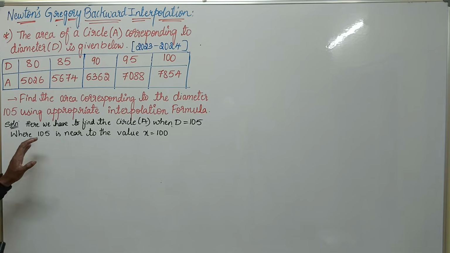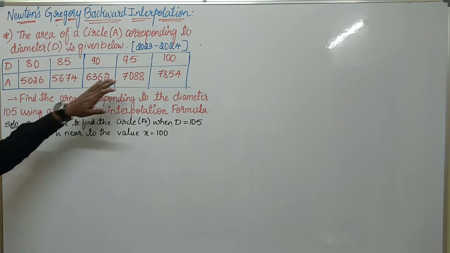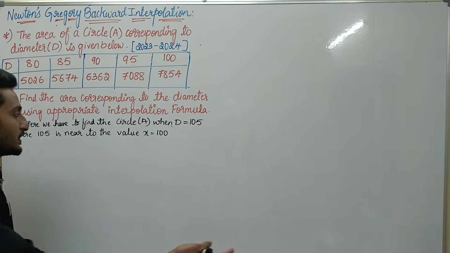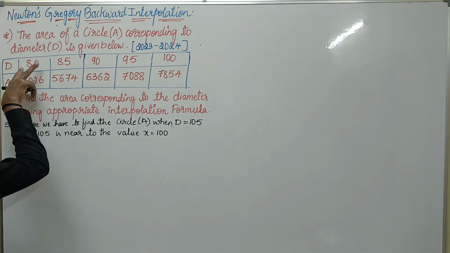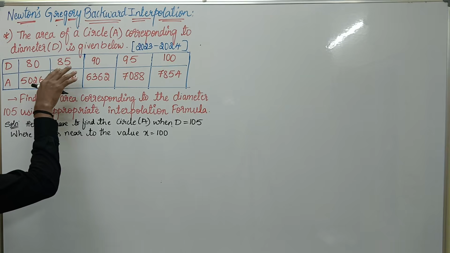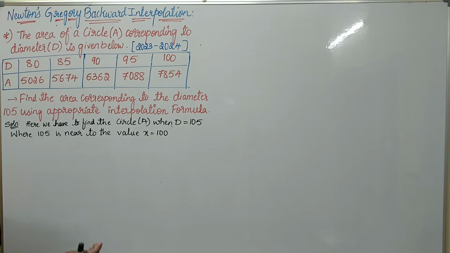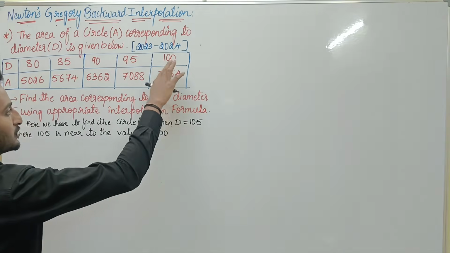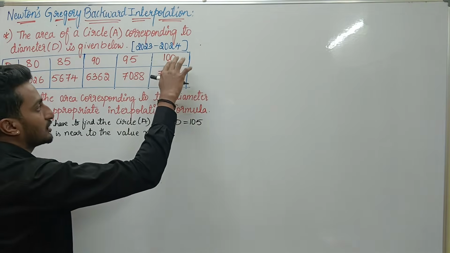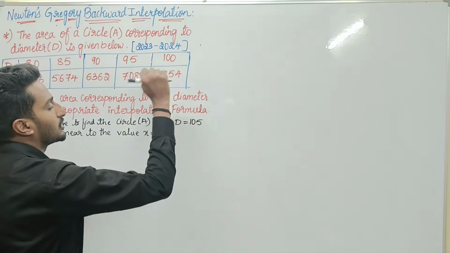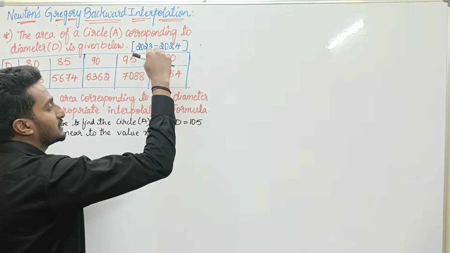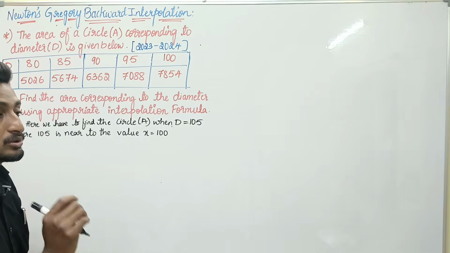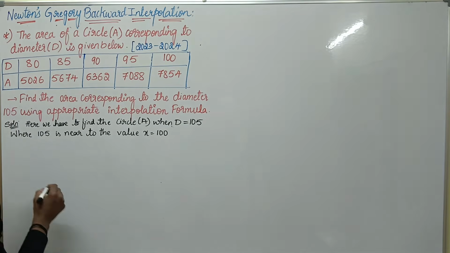If the value they have asked to find is nearest to 80 or 85 or 90, we would take the forward interpolation formula. Since the value is after 100, that is 105, and it is in the last interval, we are going to consider the Newton-Gregory backward interpolation formula.